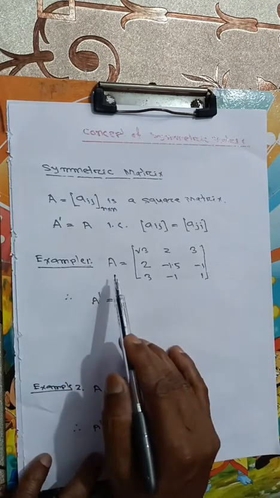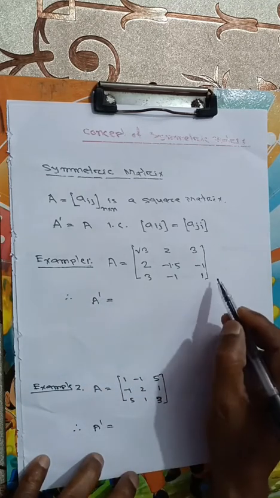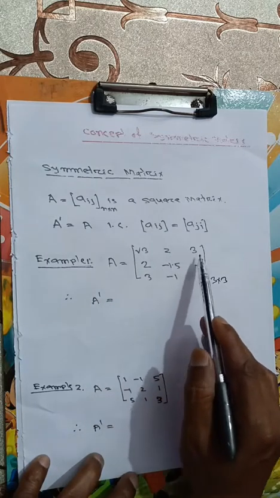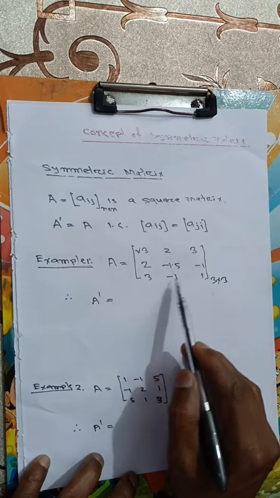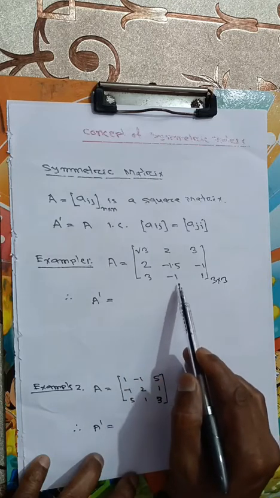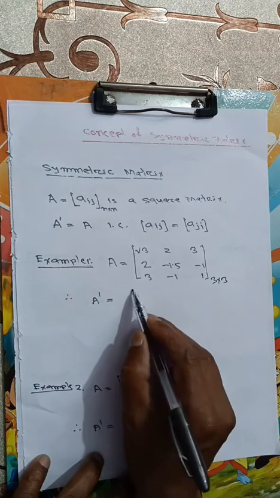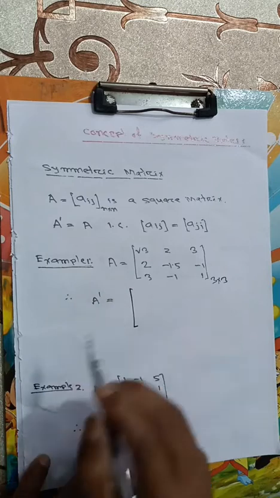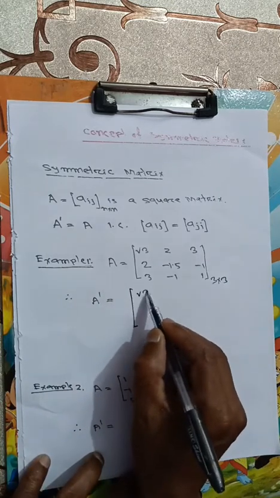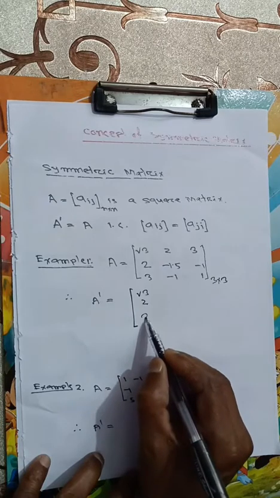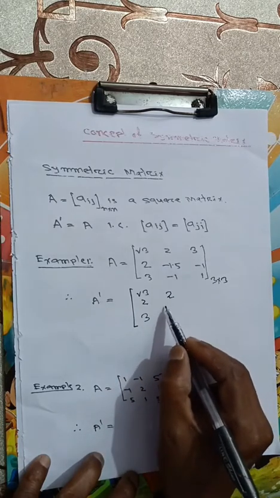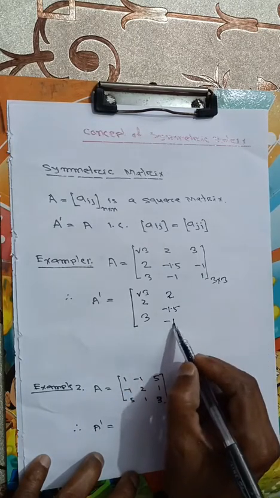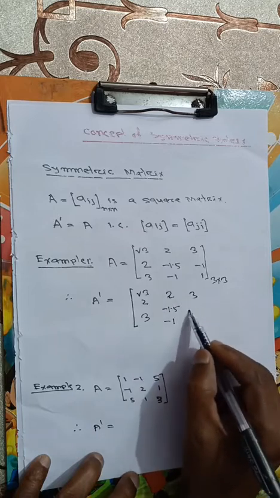For example, we take a matrix A of order 3 into 3, that is a square matrix. Elements are root 3, 2, 3, 2, minus 1.5, minus 1, 3, minus 1 and 1. If we interchange the rows and columns, that means we find the transpose of A. Then we get root 3, 2, 3, 2, minus 1.5, minus 1, and again 3, minus 1 and 1.